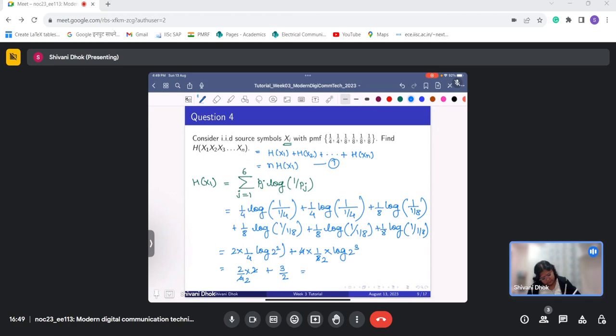So what we have is 5 by 2, which comes out to be 2.5 bits. And therefore this joint entropy H(X1, ..., Xn) is simply 2.5 times n bits.